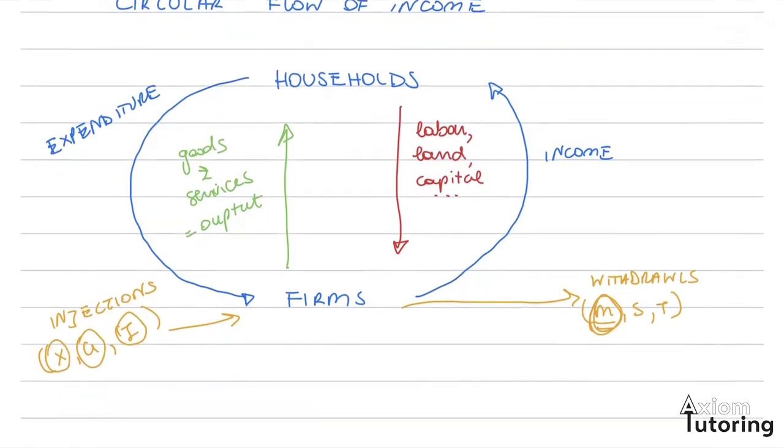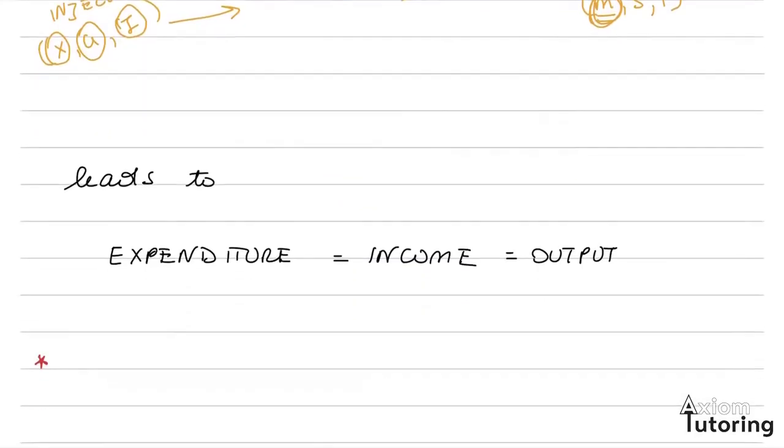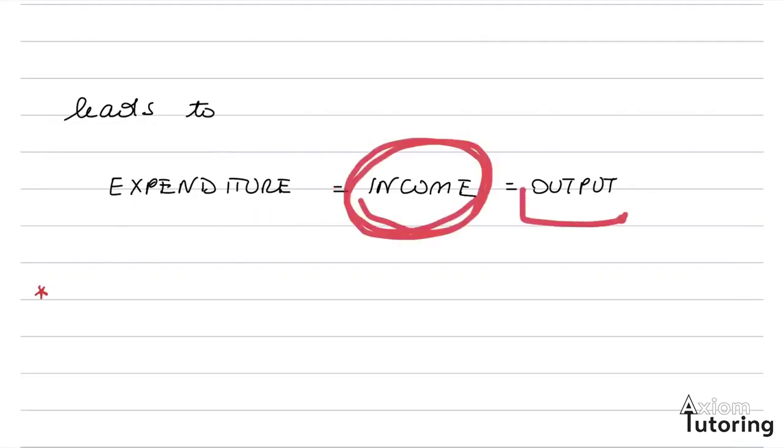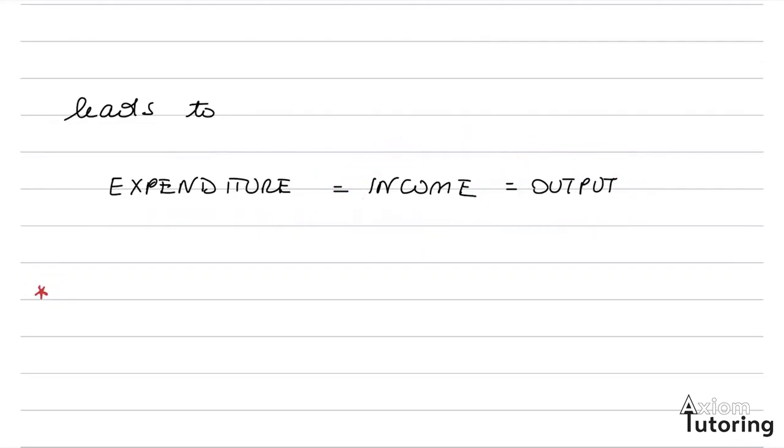This quick recap of the model leads us to defining expenditure as being equal to income and output, because all of the money that is basically spent in an economy is coming from income, and it's also in the form of output.